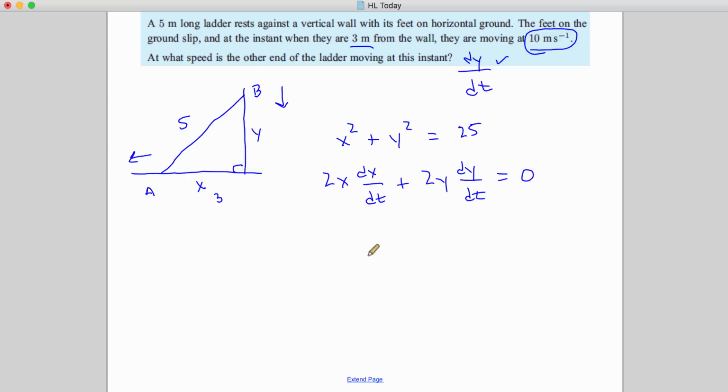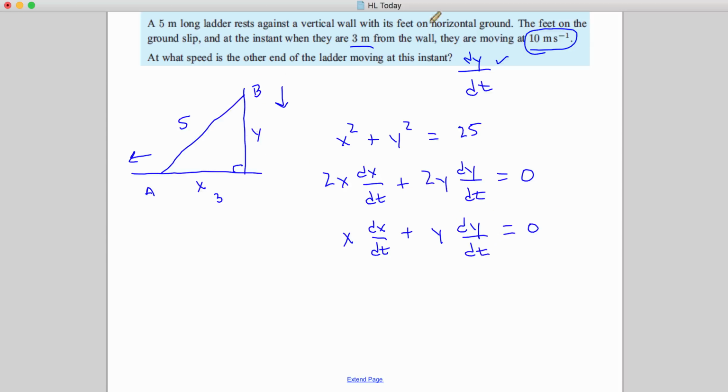Dividing both sides by 2, we get x dx/dt plus y dy/dt equals 0. And remember, dy/dt is what we're looking for.